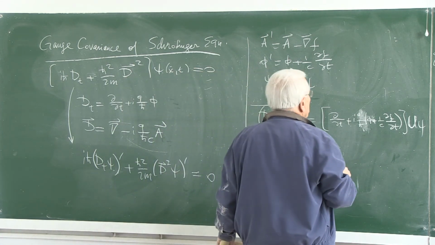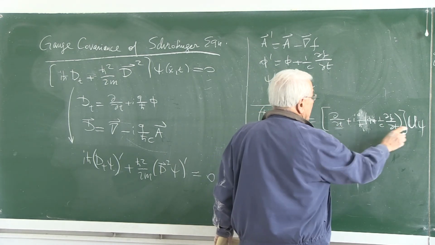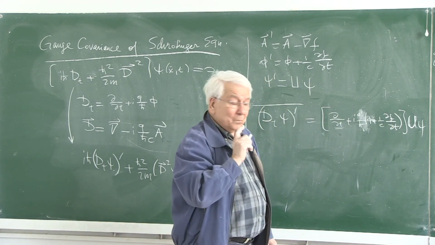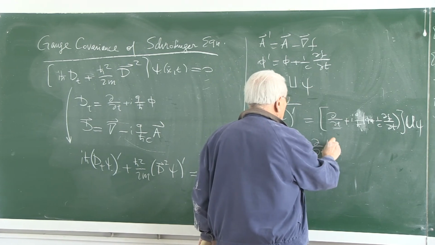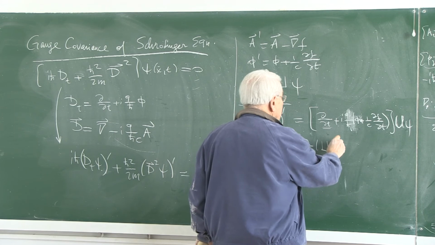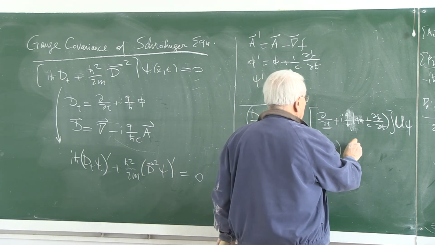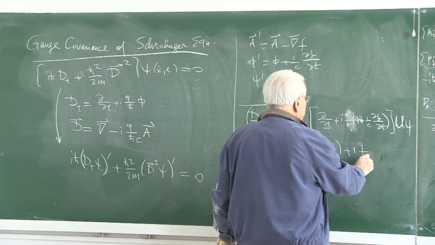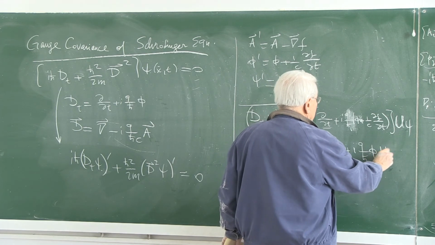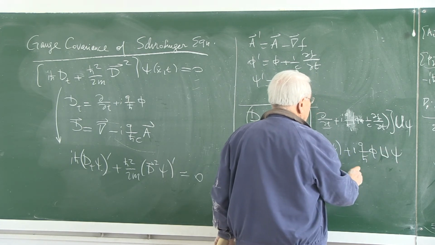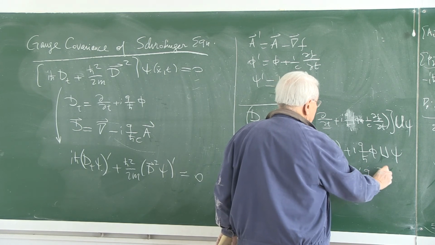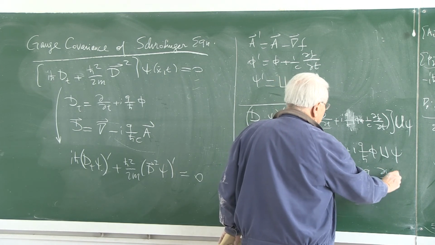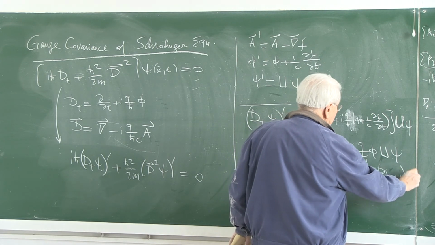Right? So this first term acts on both of them. So what do I have? ∂/∂t on Uψ plus iq over ħ φ Uψ plus iq over ħc ∂f/∂t Uψ.